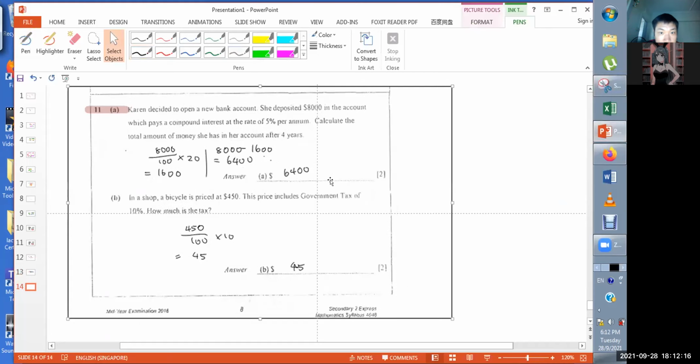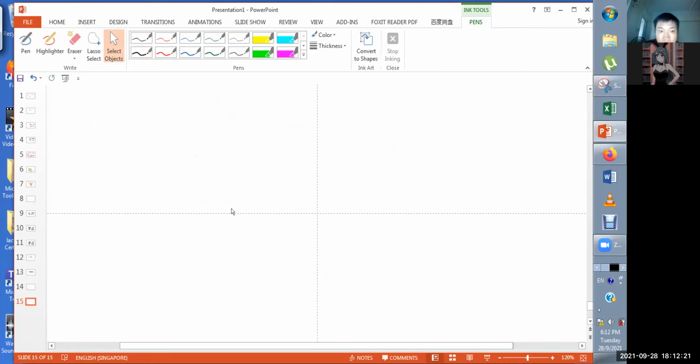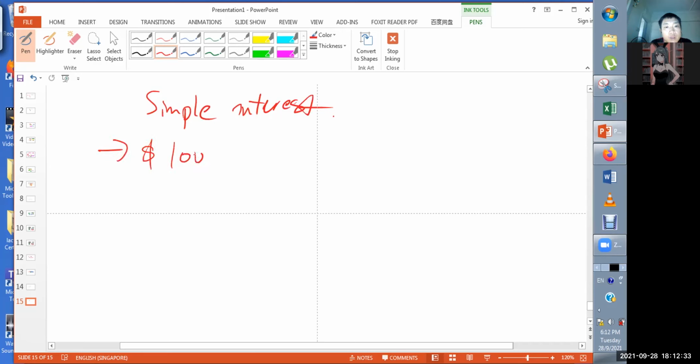Before I talk about this question, I just want to give you some general idea about the concept of simple interest. Basically, let's say you have $100, you put it into a bank for, let's say, 2 years, and the bank actually gives you interest.